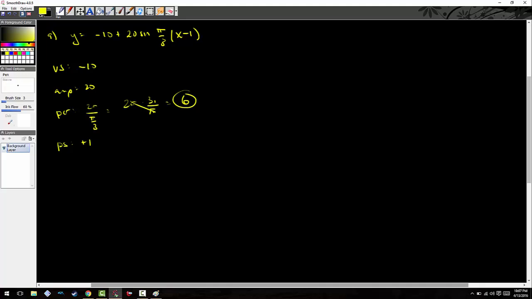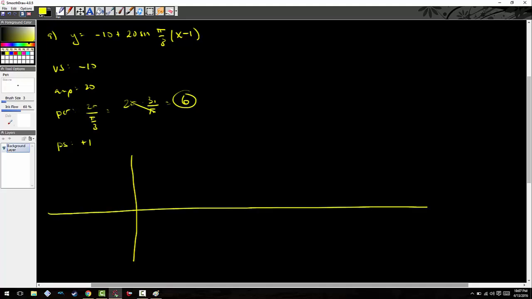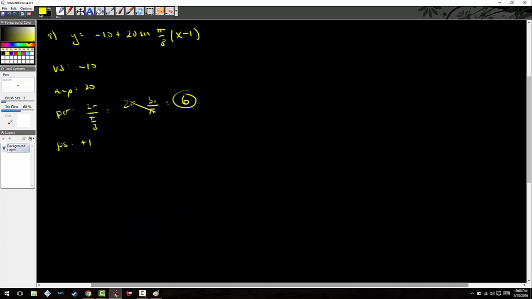So let's go ahead and take care of this rather quickly. Again, you're going to be asked to graph at least one period, right? And some negative values, just like we've always been doing. Okay, so actually, you know what? Let me restructure that. My vertical shift is -10, so I'll probably make this a little bit larger.